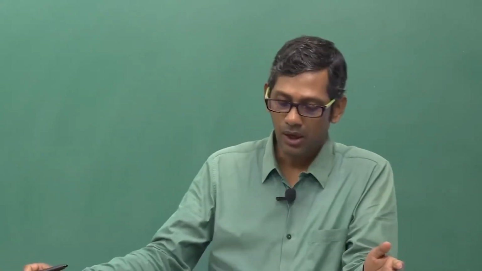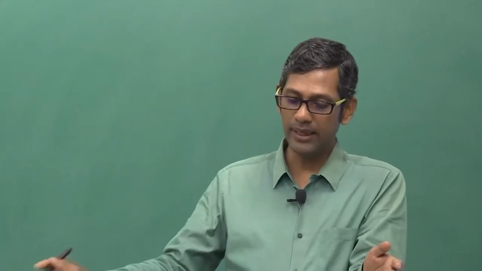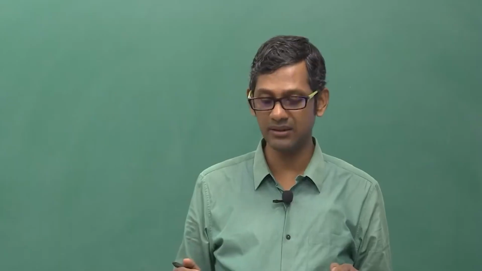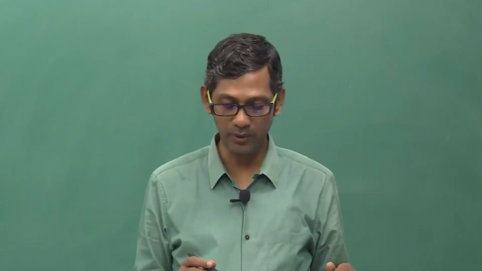On the other hand, as you look at lower temperature, you have parallel lines telling M50, M90, this is actually the martensite transformation temperature. There is something known as Ms. Remember, if I quench a steel, it will transform to martensite below a certain temperature. It will not transform at a high temperature because the driving force required to transform to martensite has to be sufficient.